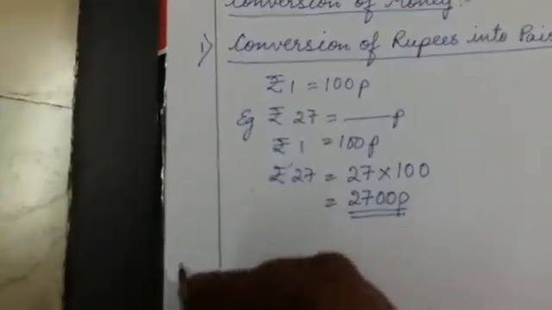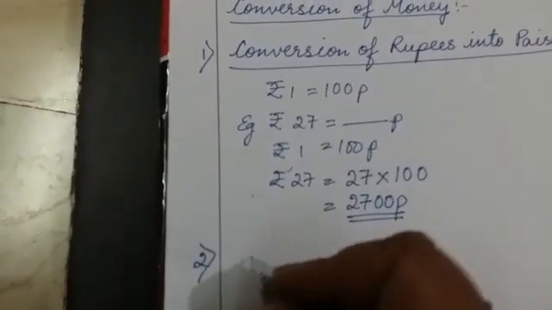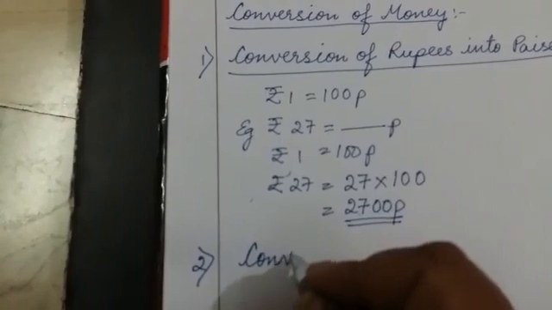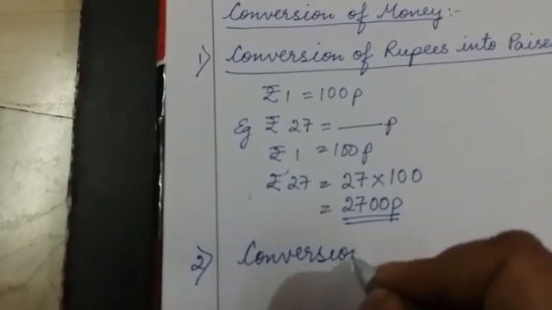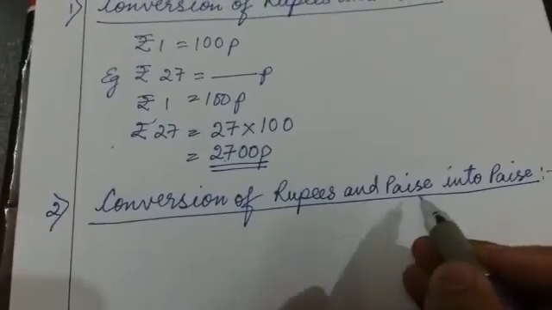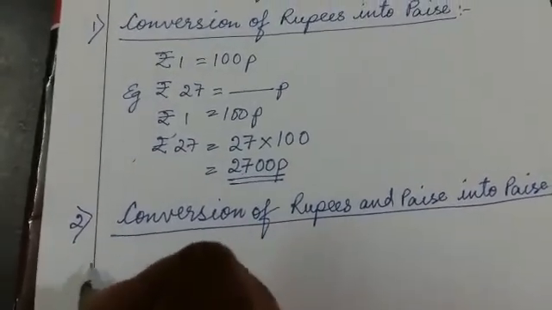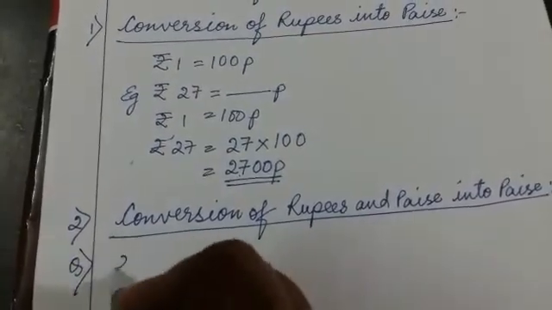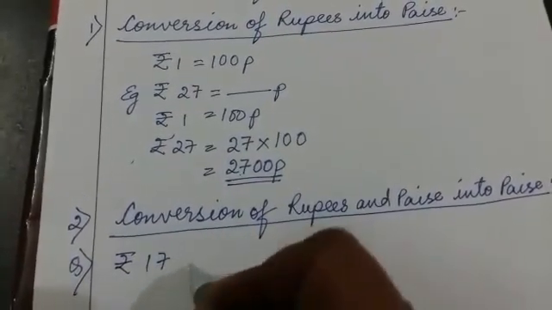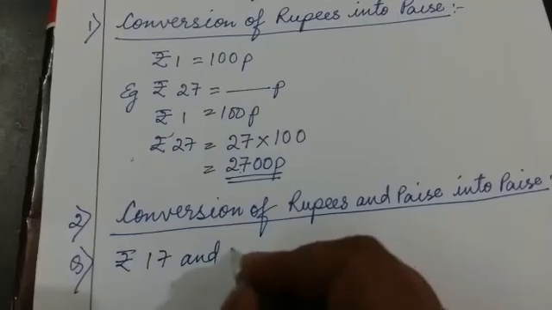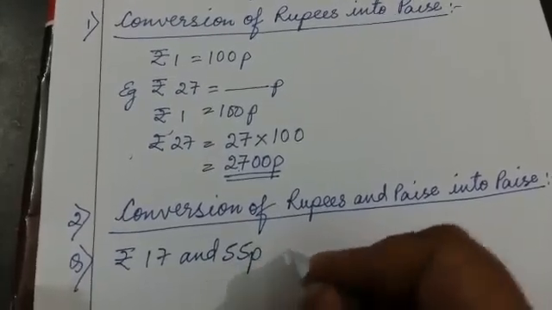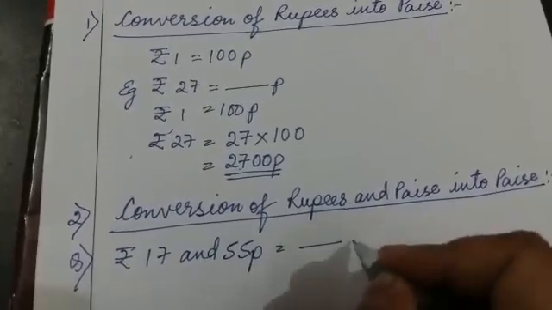Now the second conversion we will learn about: conversion of rupees and paisa into paisa. Suppose we take a question like rupees 17 and 55 paise, and we have to convert it into paise.